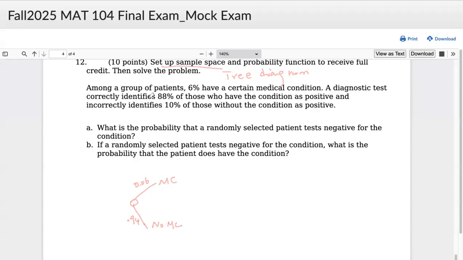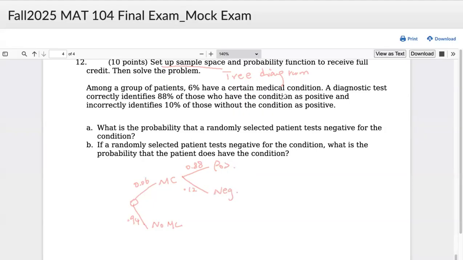So a diagnostic test correctly identifies 88% of those who have the condition, right? Among those people who have medical conditions, 88%, 0.88, test positive. Then 0.12 test negative.